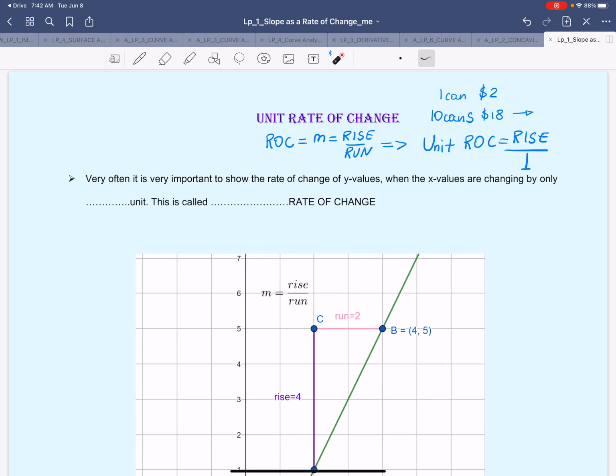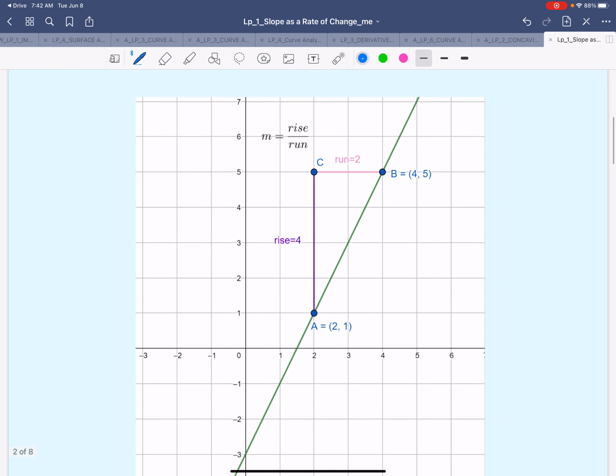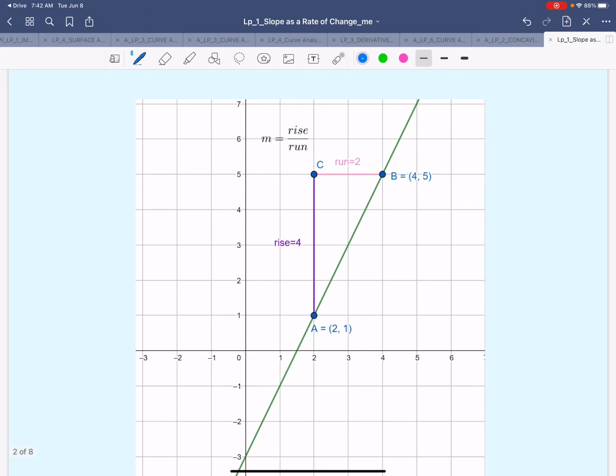It's important to show the rate of change of y values sometimes when the x values are changing by only 1 unit. And this is what we call the unit rate of change. So let's take a look at this particular line, the green one, and we pick 2 points, A and B, where A has coordinates (2, 1), and B (4, 5).